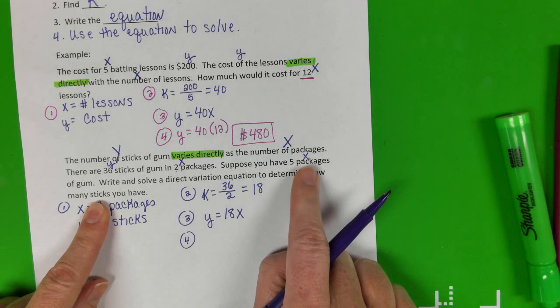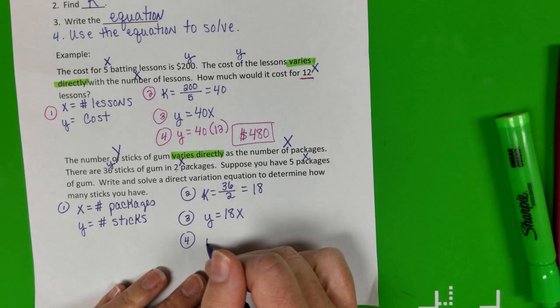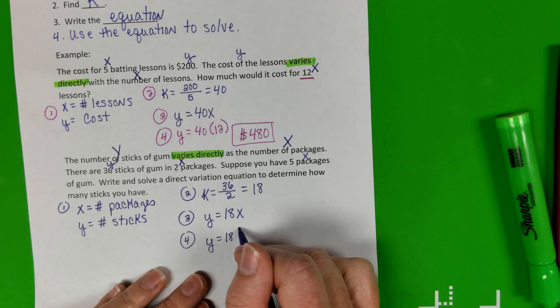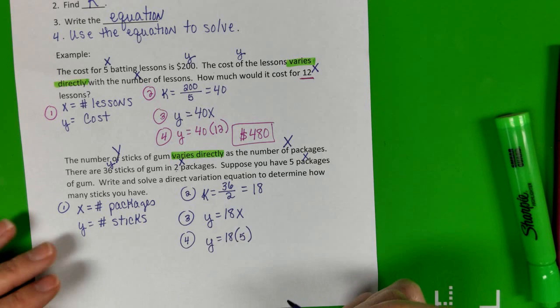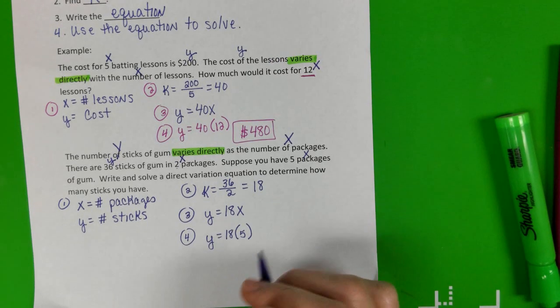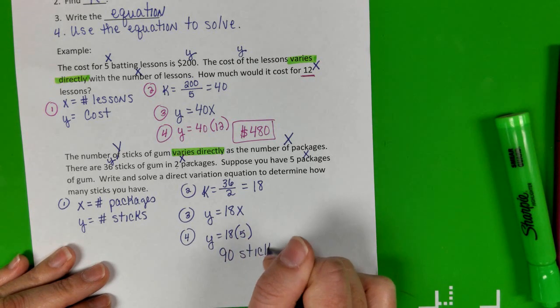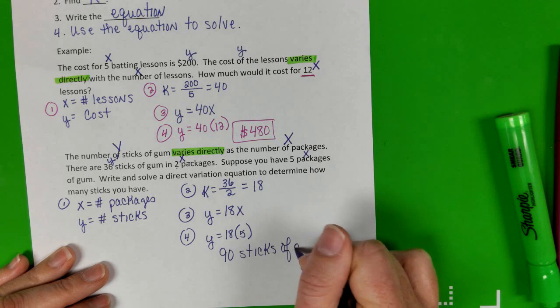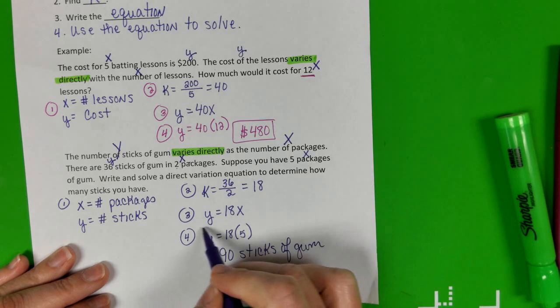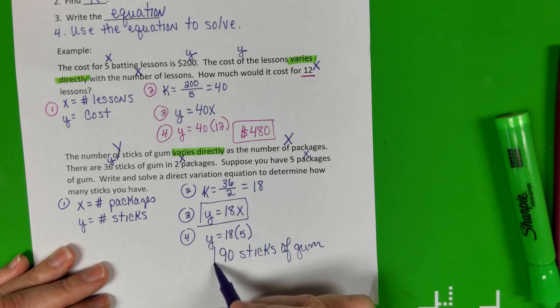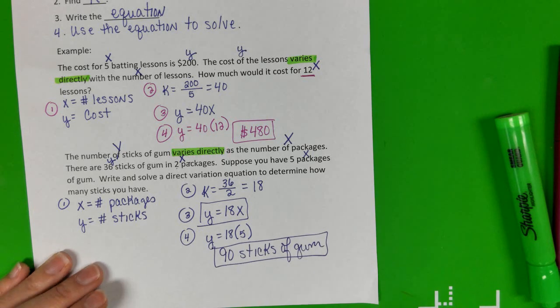So again, 5 is our x value. So I'm going to plug 5 in for x. And so 18 times 5 is 90. So we have 90 sticks of gum. And it asked us to write an equation, so we actually have 2 answers that we need to identify here.